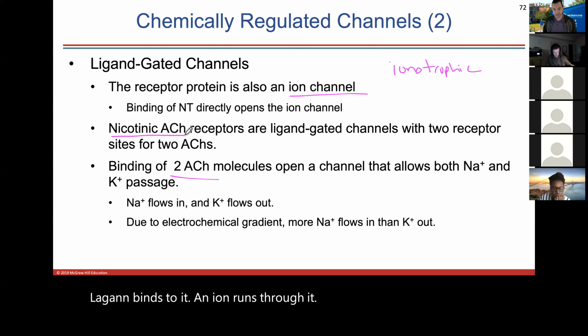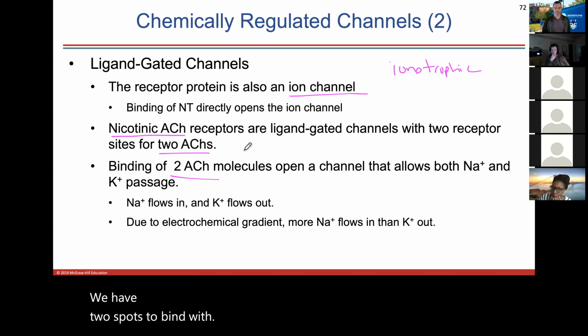For our nicotinic receptors, let's just say we have two spots to bind with for acetylcholine. When it comes to this, we can get both.